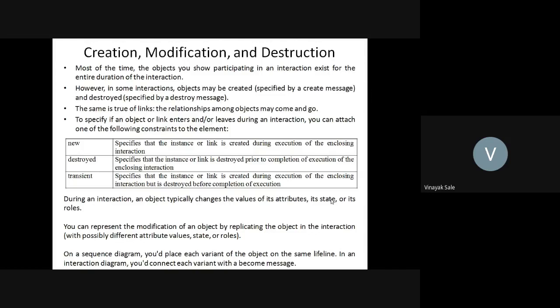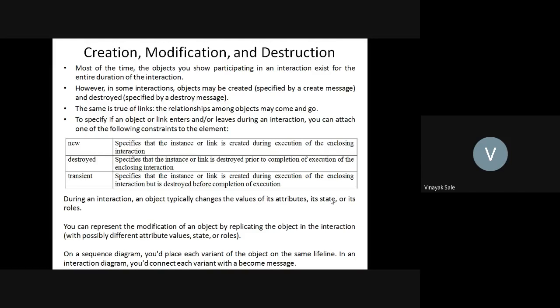Most of the time, objects you show participating in an interaction exist for the entire duration of the interaction. However, in some interactions, objects may be created, which is specified by a create message, and destroyed, which is specified by a destroy message.